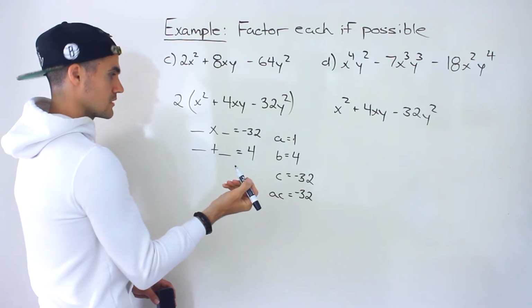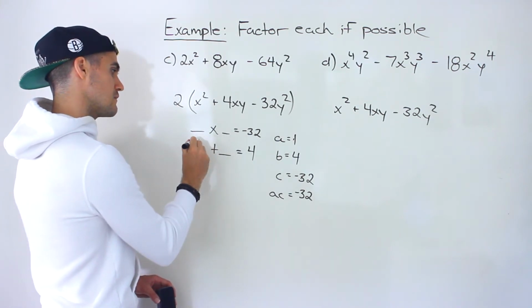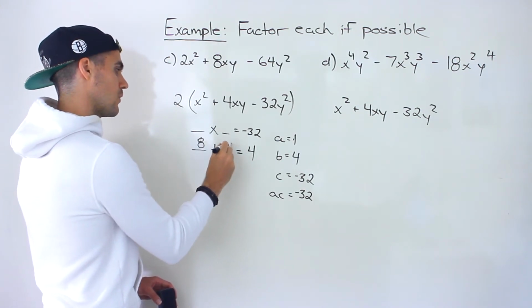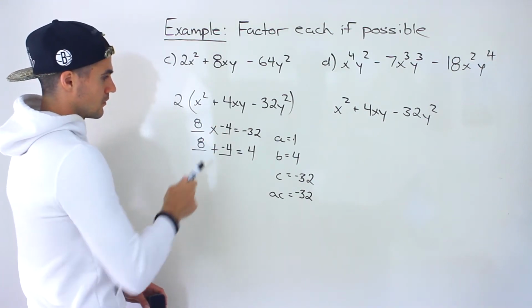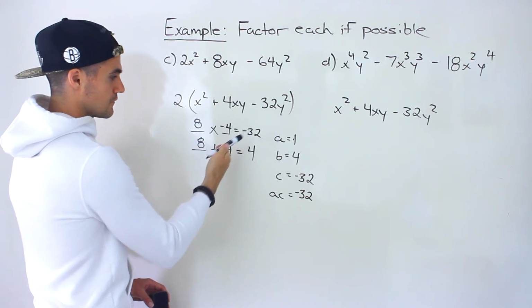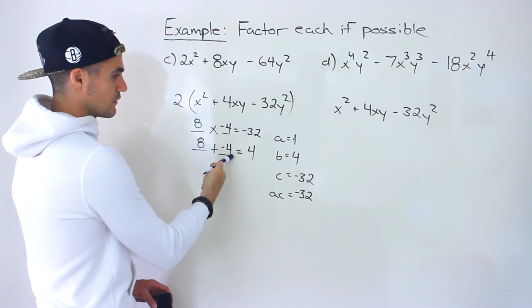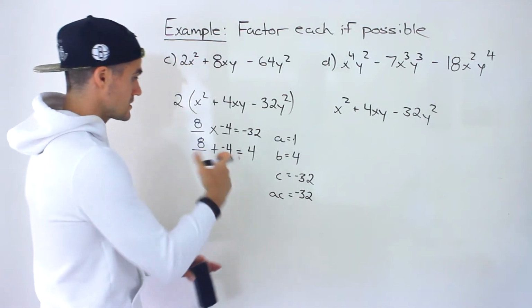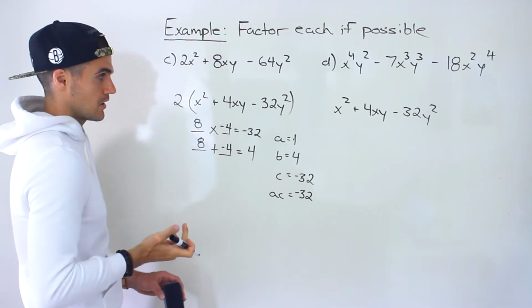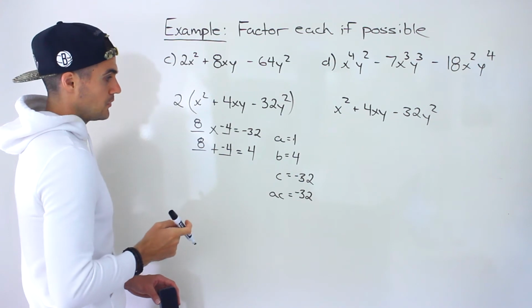What are those two numbers going to be? I think +8 and -4 would work, right? 8 times -4 is -32. 8 plus -4, the plus and minus turn into a minus, so we have 8 minus 4, which would give us +4. So that would work.